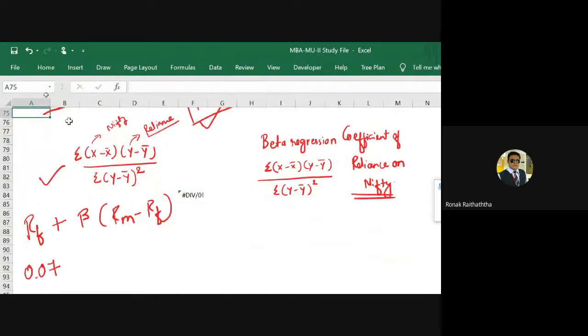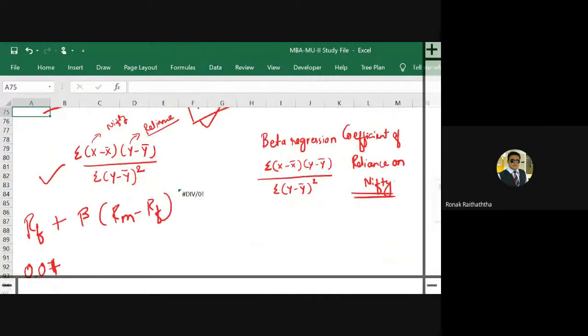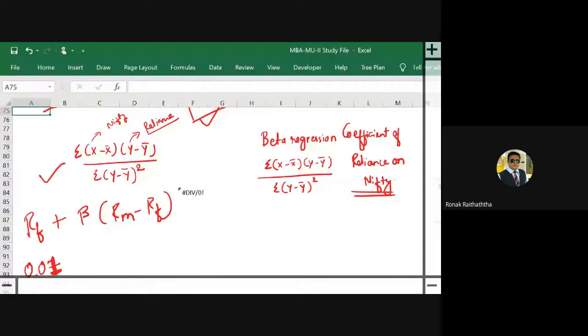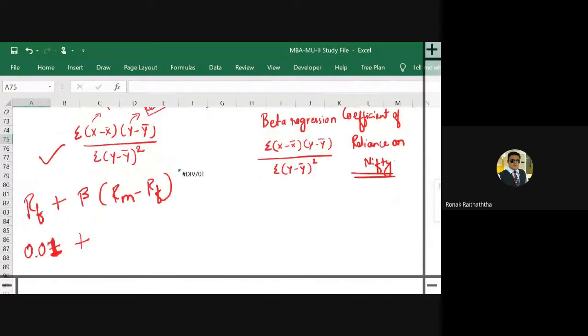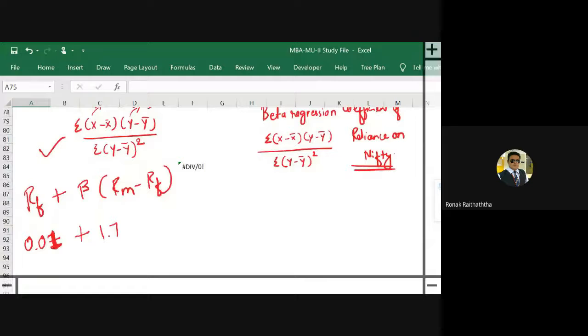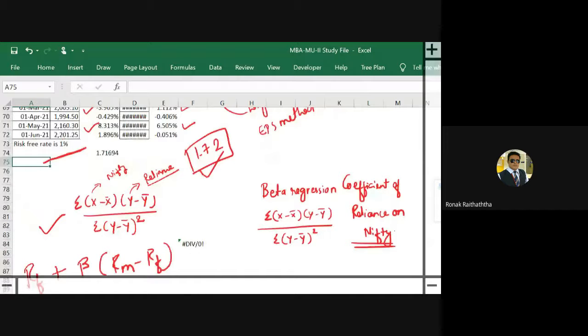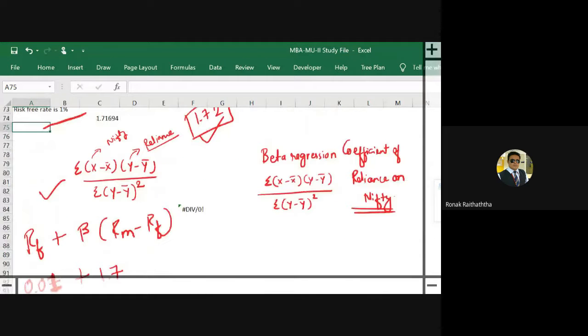So instead of 0.07, I'm writing 0.01. Please make one small correction. And I have just taken the hypothetical example, that's why. Plus, we have got the beta. Beta is how much? Sir, that is 1.71694.